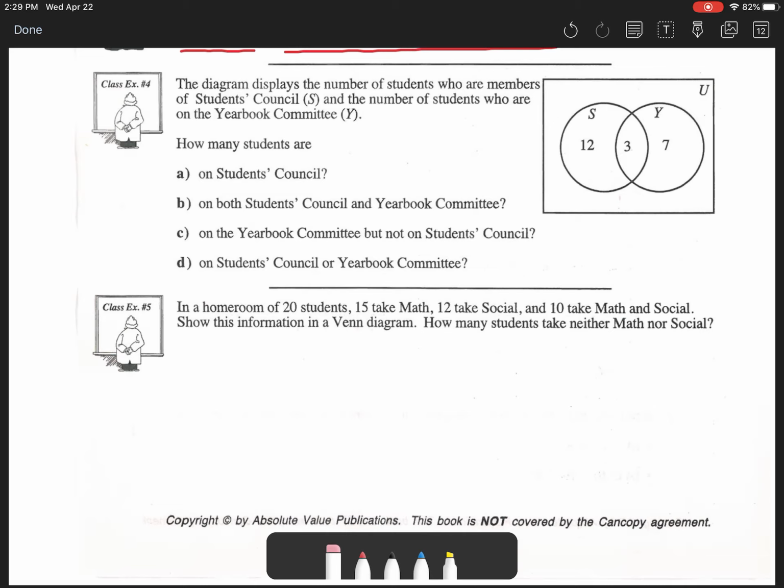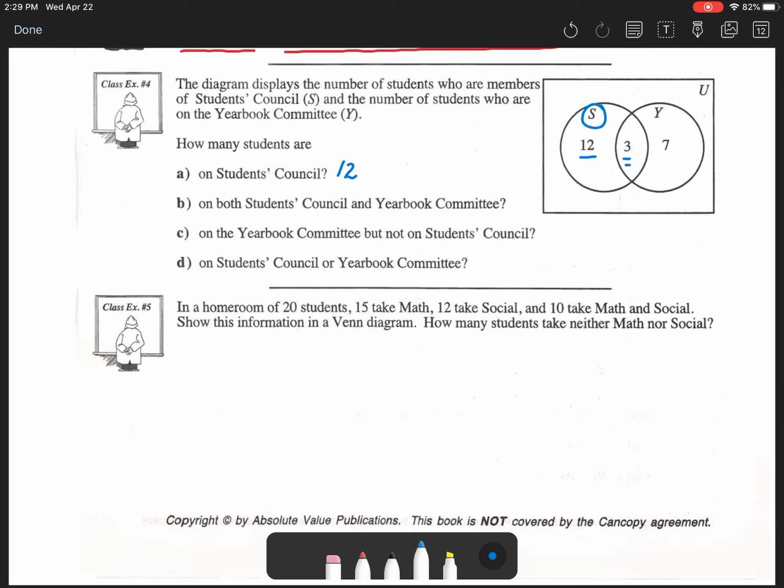So let's read this question and see how we do. The diagram displays the number of students who are members of student council, so that's the circle S, and the number of students who are on the yearbook committee, okay? That's inside circle Y. How many students are on student council? So when I take a look at student council, okay, that's S. So how many students are in student council are basically inside of circle S?